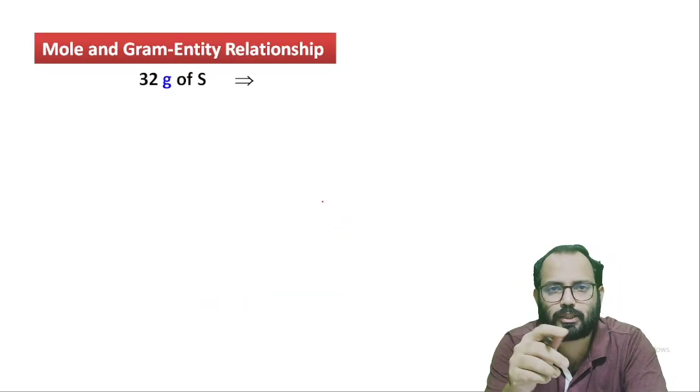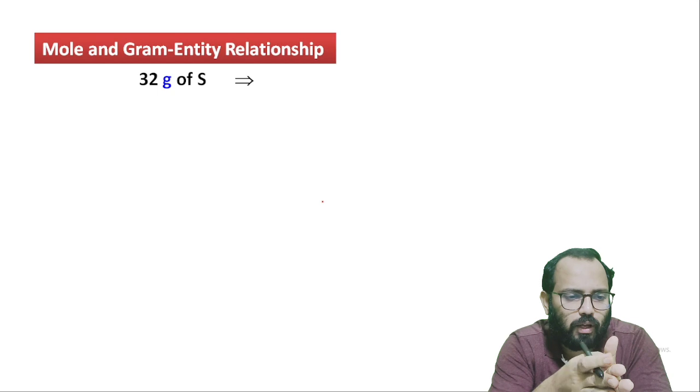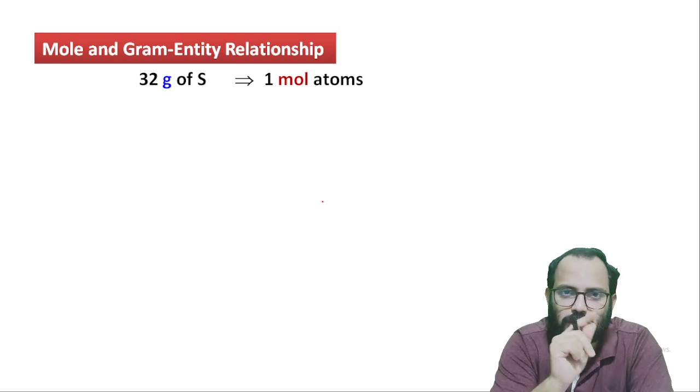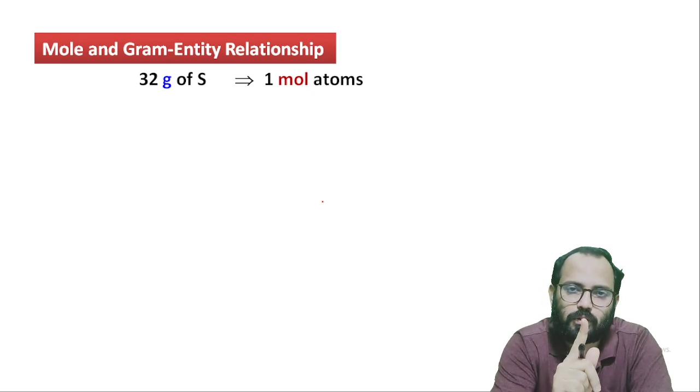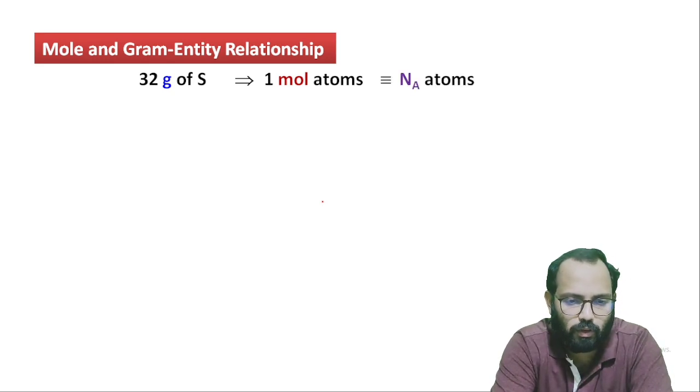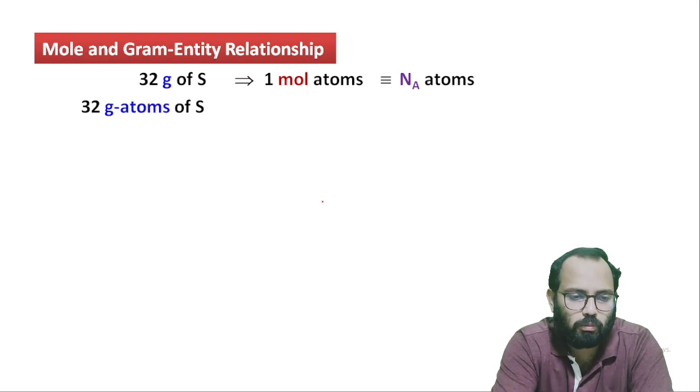Mole, gram, entity relationship, we have already discussed that. We are recollecting the core idea. If you talk about 32 gram of sulfur, you know that 32 gram is the mass of 1 mole of sulfur. 32 gram of sulfur means this is the mass of 1 mole atoms of sulfur, so that contains Avogadro number of atoms, Na atoms.